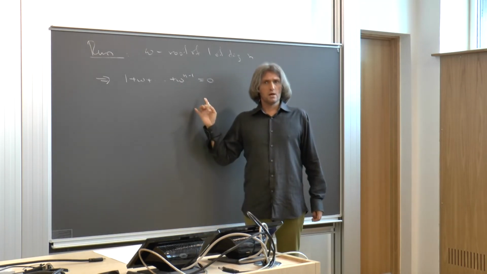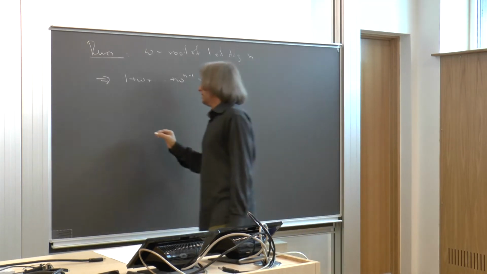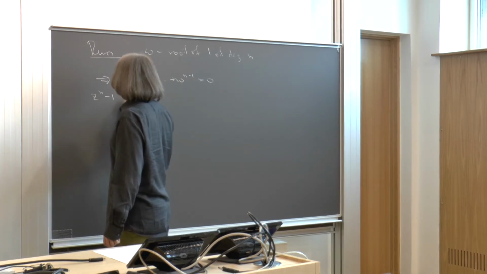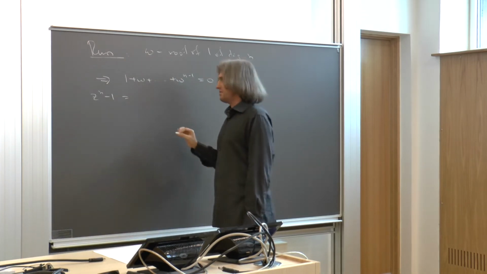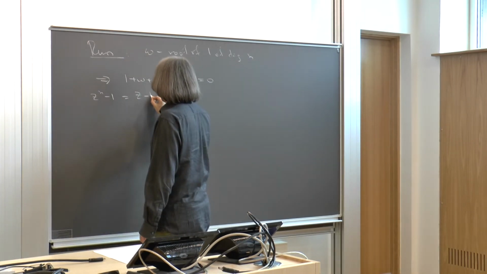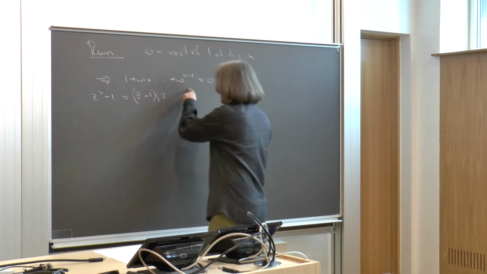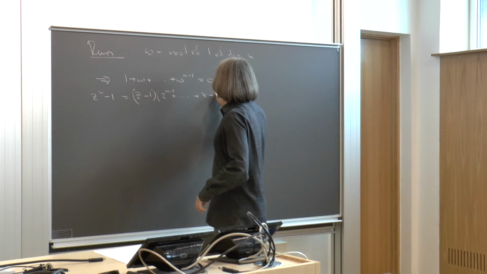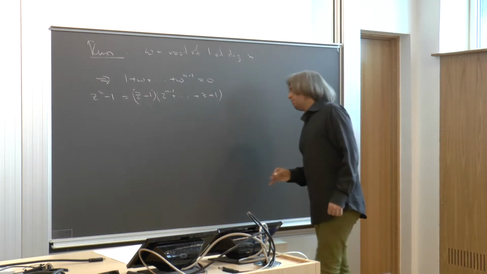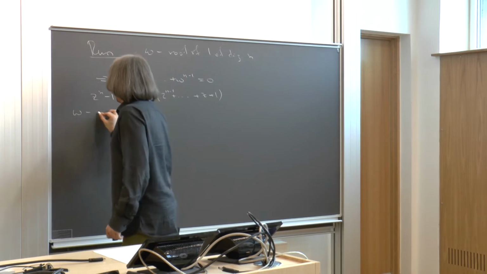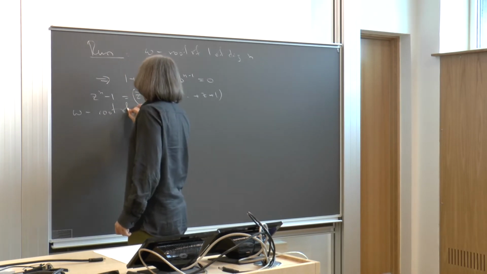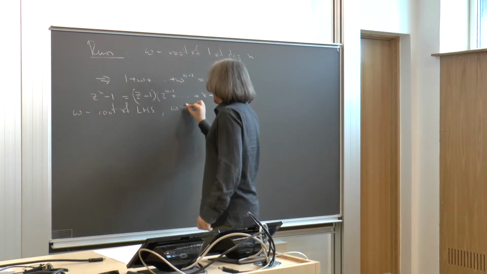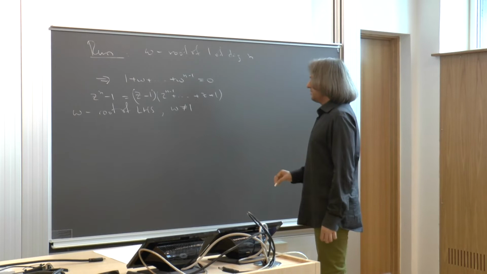You know this? The reason is, you consider z to the n minus 1, and we used it a couple of times. There's a decomposition: z minus 1 times this polynomial. Omega is a root of the left-hand side, and omega doesn't equal 1, otherwise it's not interesting.